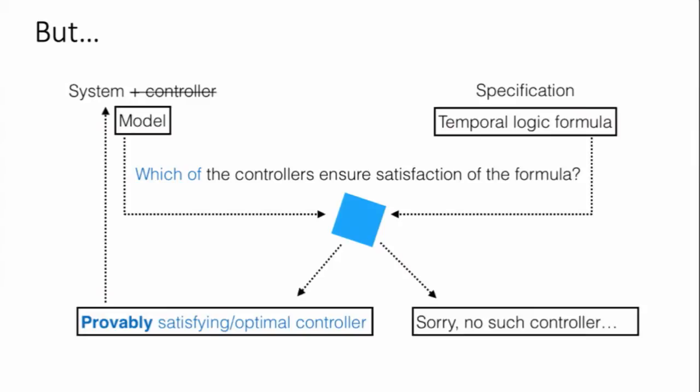I'm looking for a controller for that system. I've got a linear temporal logic formula, and I'm using some sort of formal verification-based tool to give me an answer. Here is a provably satisfying controller, or sorry, there is no such controller that would provably satisfy the formula.